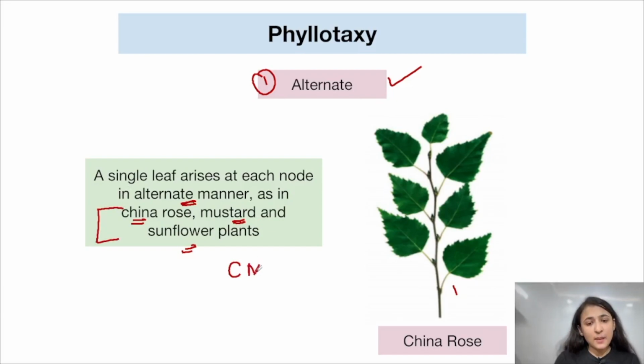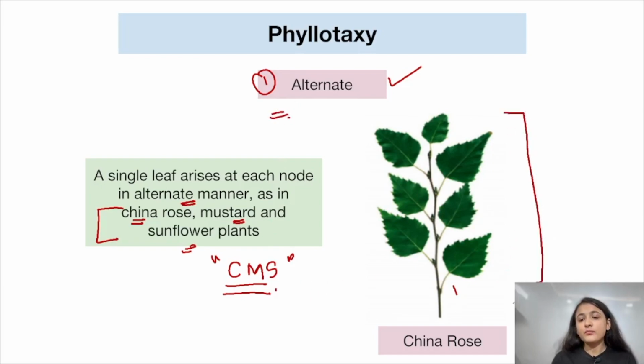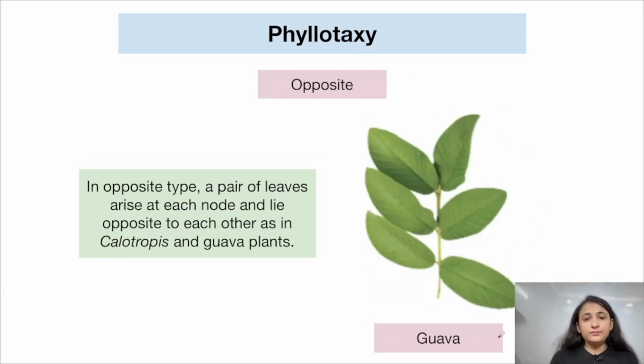These are the important examples, CMS. Okay, you can use this abbreviation to memorize the examples of alternate phyllotaxy. This example was of China rose plant. Okay.